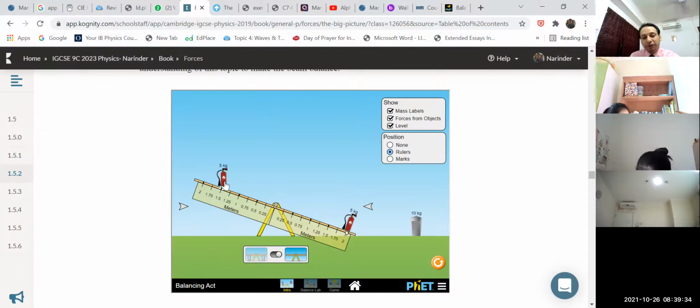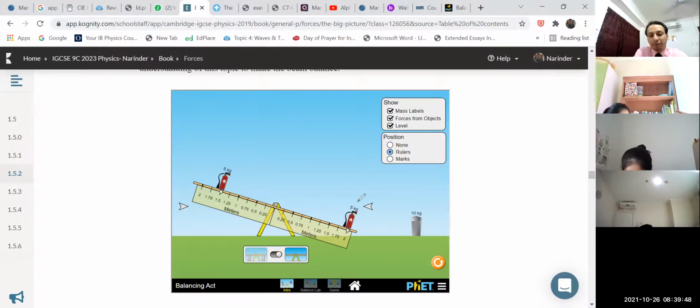But if I place this 5 kilogram object somewhere at 1.5, the clockwise moment is still higher. You know, children, the clockwise moment is higher because the weight is the same, but its distance from the axis of rotation is greater, while on the other side the distance from the pivot is small.